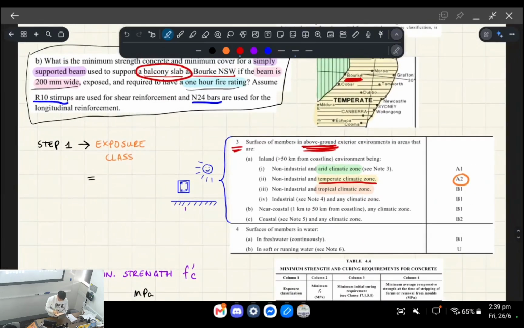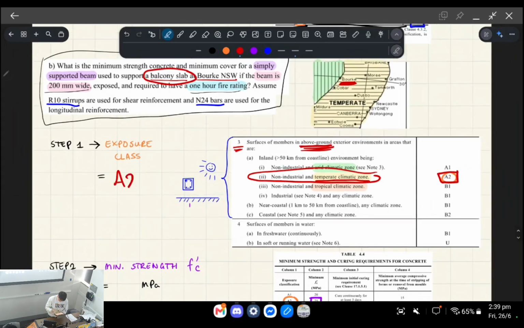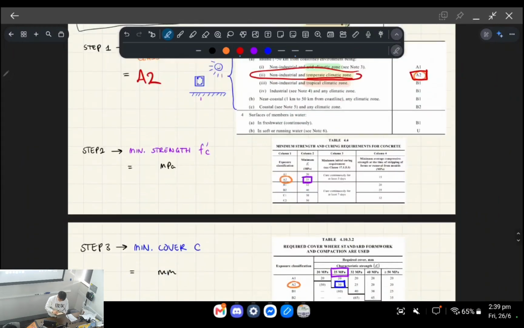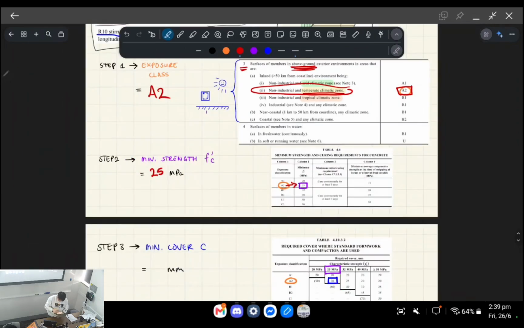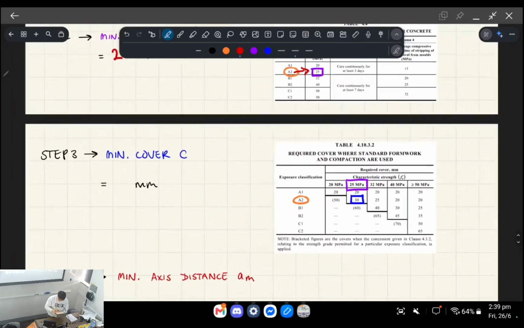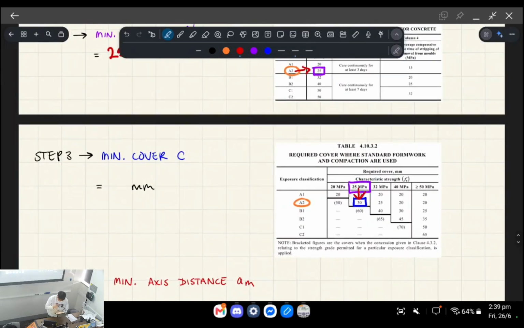Looking at this row for temperate climate zones, we choose exposure class A2. That leads down the same path as the previous question. We look at table 4.4, and for A2 we need a minimum concrete strength of 25 MPa. Then step 3, we locate 25 MPa and exposure classification A2, and we find that the minimum cover required is 30 mil.